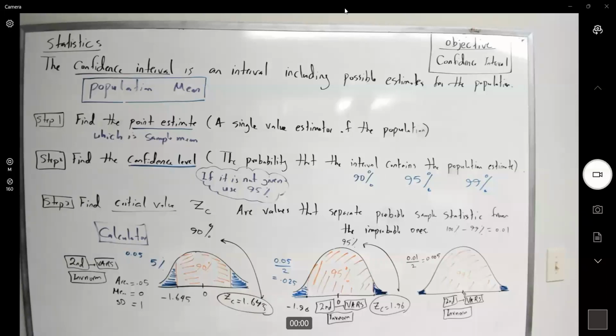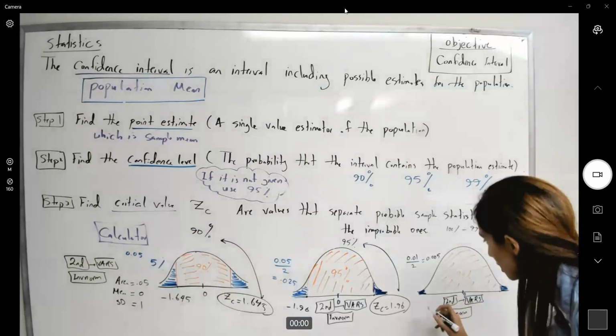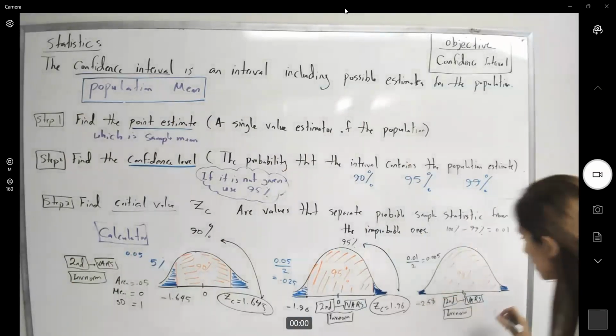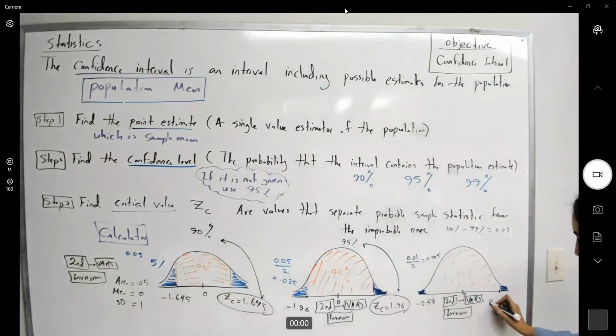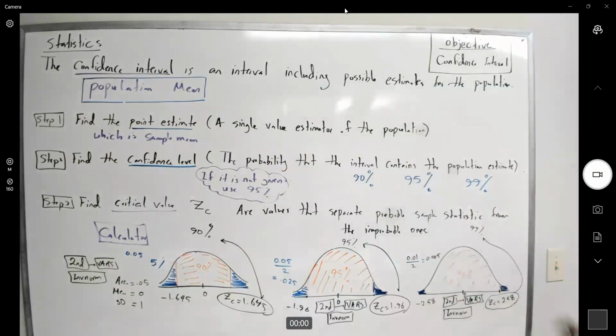These are all approximately negative 2.58, but ZC on the right-hand side, the critical value, is positive 2.58. These are all approximations that we're using for 99% confidence level.